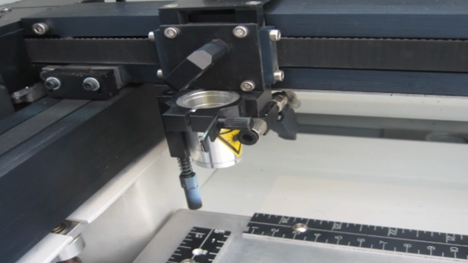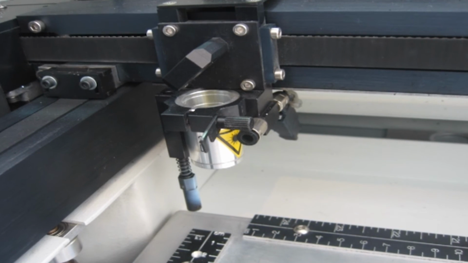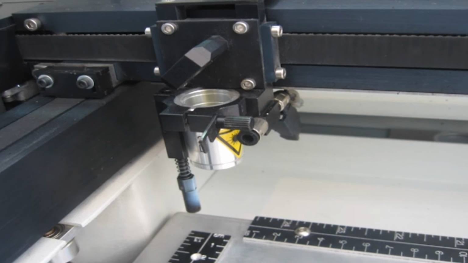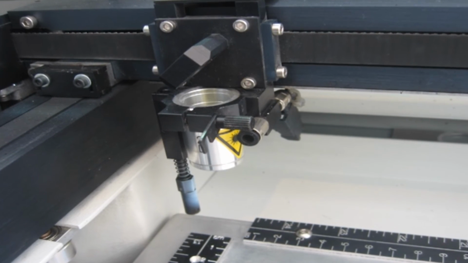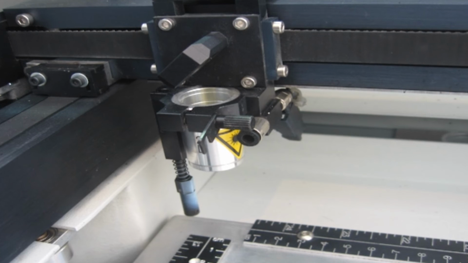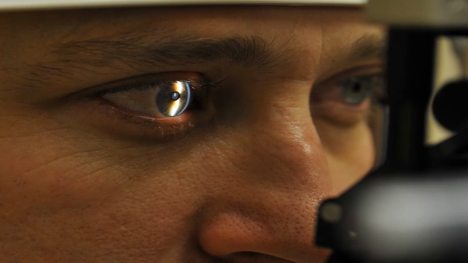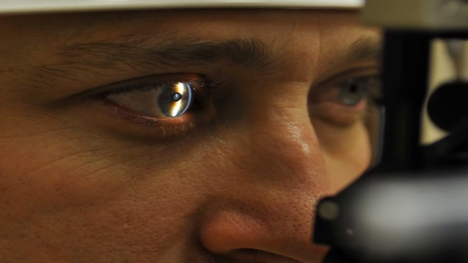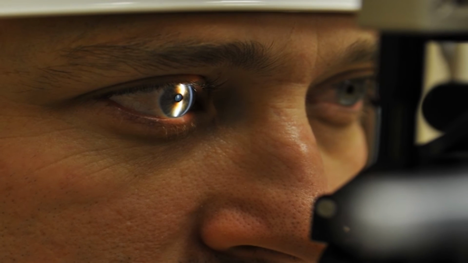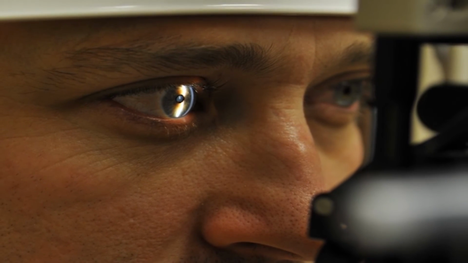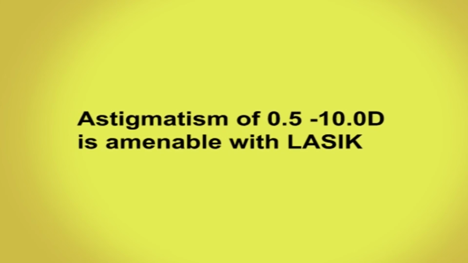In photoastigmatic refractive keratotomy, a cylindrical ablation pattern is used to remove the tissue in the chosen meridian. The axis of astigmatism is marked when the patient is seated because it may shift when the patient reclines. Currently, astigmatism of 0.5 to 10 diopters is amenable to LASIK.